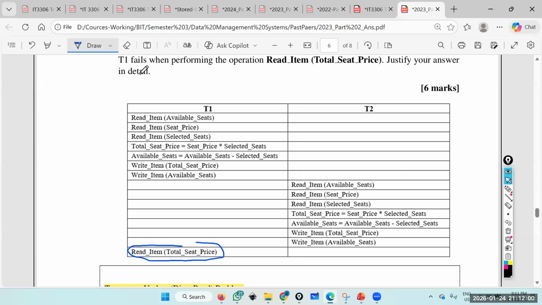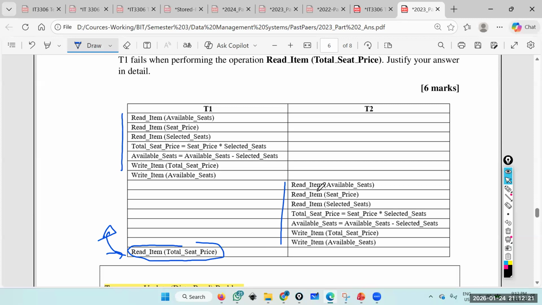So now T1 fails. That means when T1 is about to do this, T1 fails. That means rollback. It rolled back at this point, right? By that time, these things have been done. Okay. Let's see what happens now.